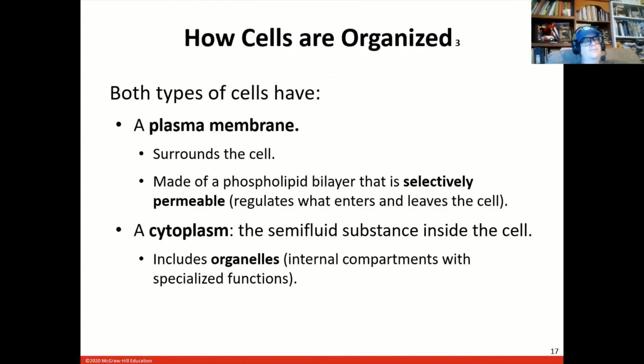Okay. Whether you're talking about a prokaryote or eukaryote, a prokaryote being a simple cell, eukaryote being a complex cell with lots of parts like we just saw, they've got a membrane around the outside. We call it a plasma membrane. That membrane surrounds the cell. It's made out of a phospholipid bilayer. You've heard this before.